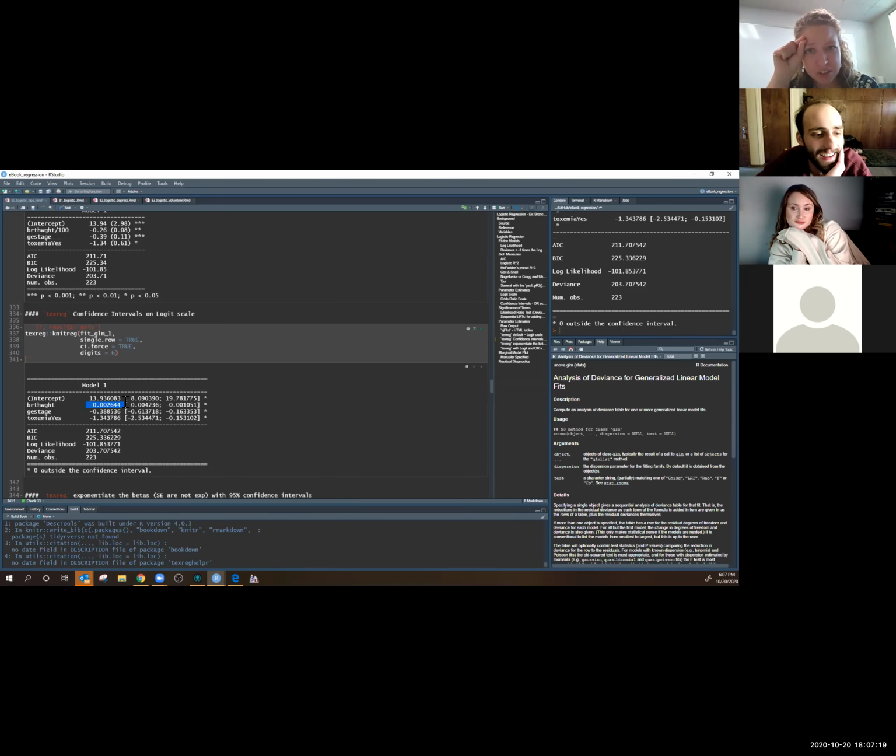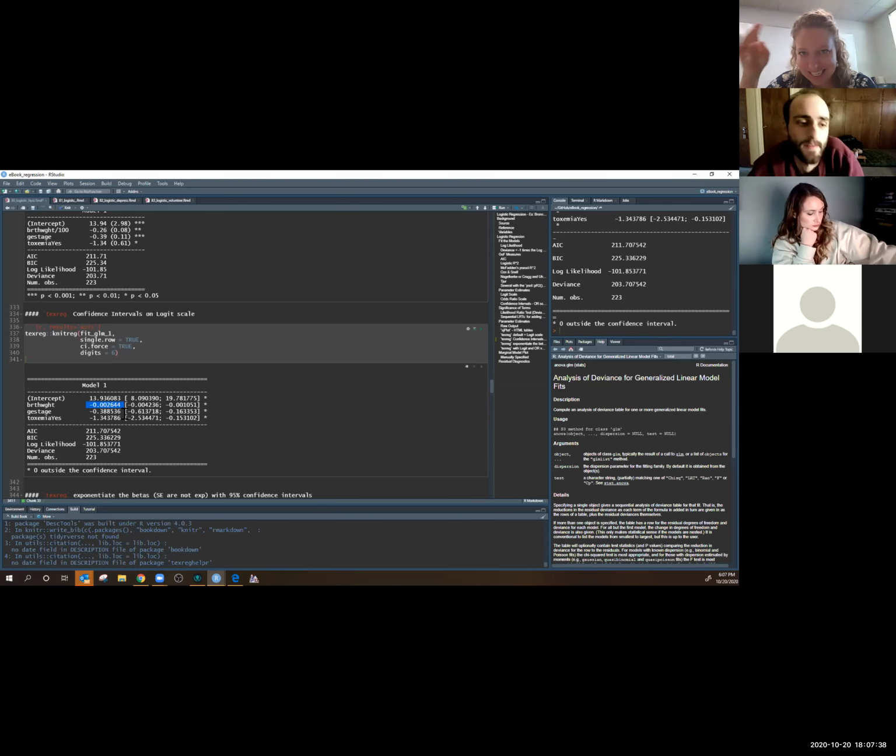And really, how much difference is 1 gram in a baby? Right. So that's solely just based on your measurement units and for the sake of interpretation. The R squared, the AIC, the BIC, the log likelihood, all of the fit statistics and the other things will all be identical.